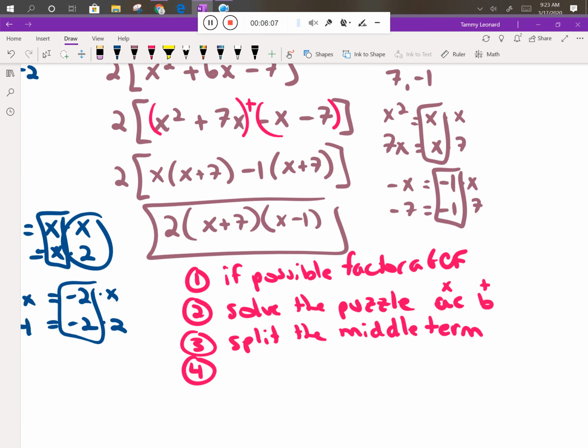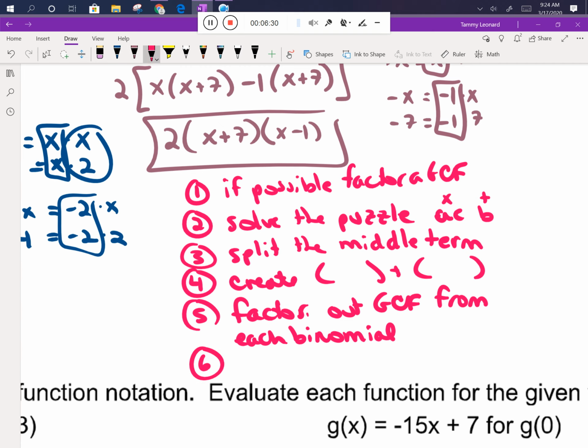Step 5 is to factor out the GCF from each binomial. And then step 6 is going to be to factor out the common binomial.